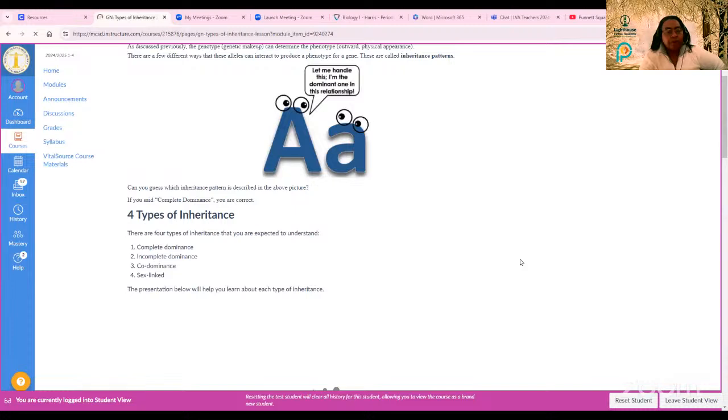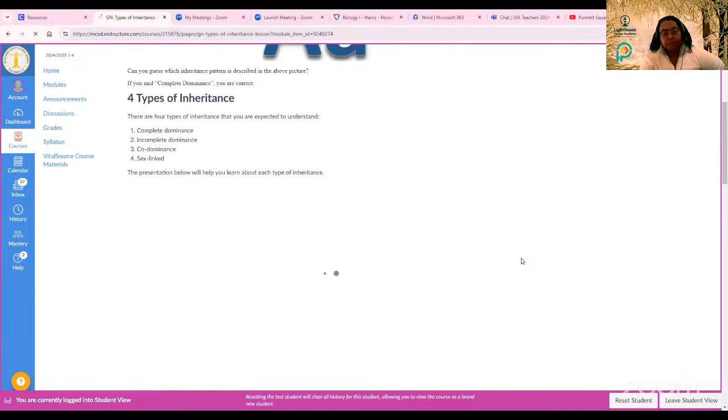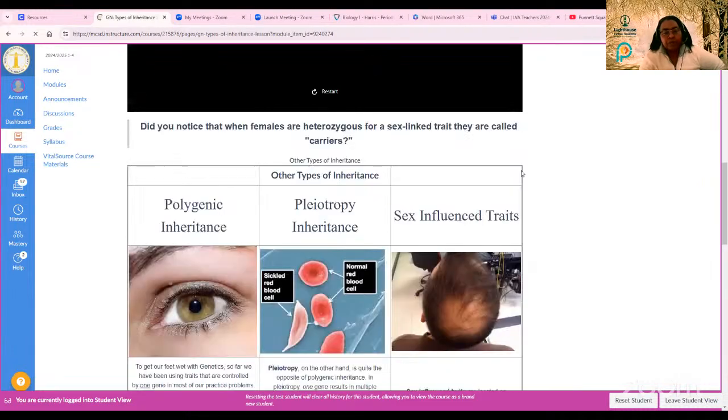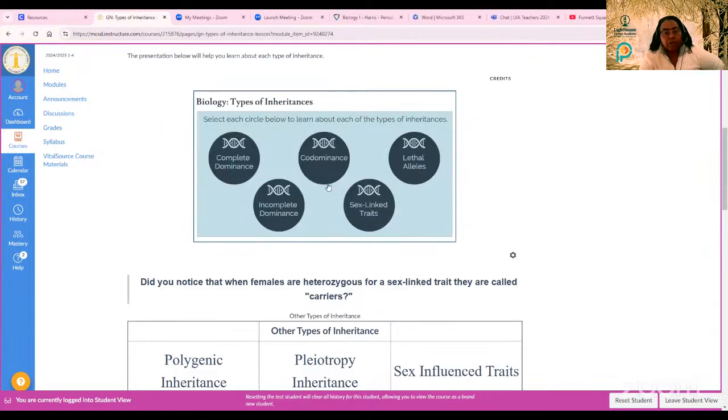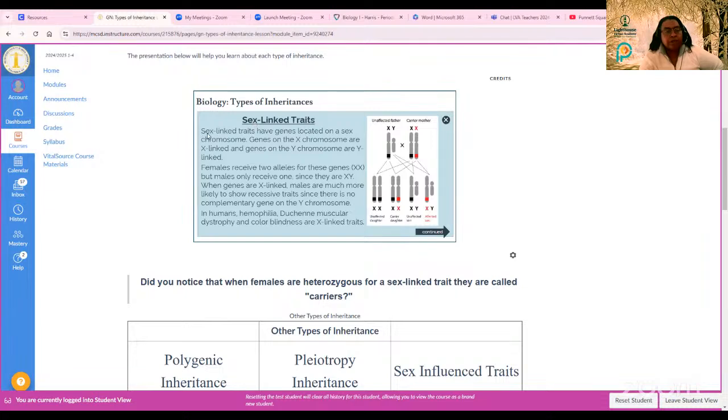All right, so we're looking at this today. And like I said, we're going to come back and look at all of these, but today we're just going to focus on the sex-linked traits, and keeping in mind that each person has 2 chromosomes that kind of split during meiosis.